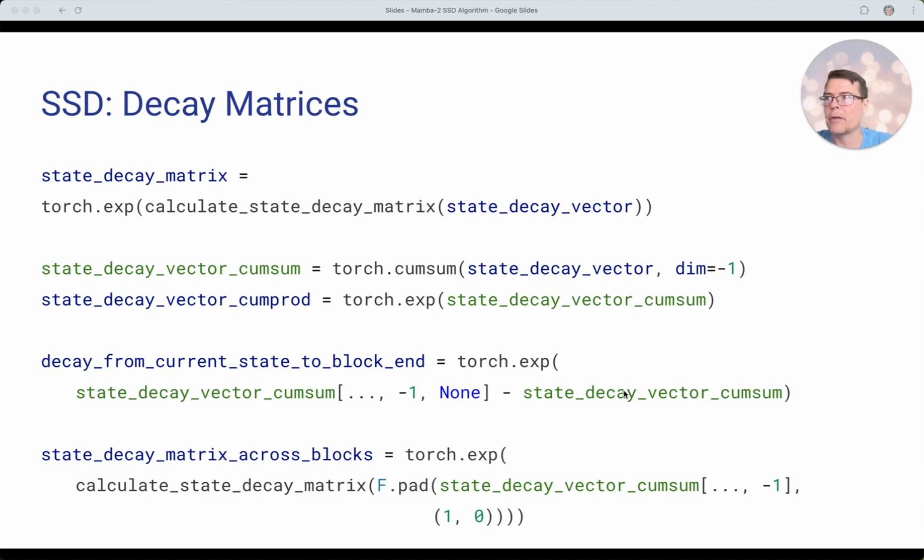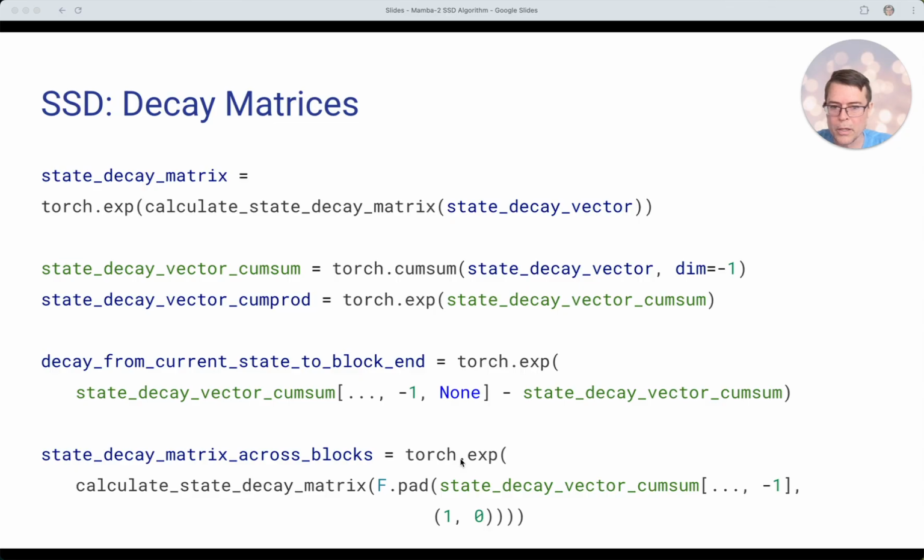What we're getting out of this is the sum of the decays from the k plus 1th step up to the nth step, basically within the block, all of the decays up to the end of the block. We use that when we're calculating per block state. You want to see at the end how much this contributed, so you need the decay factors from the time you calculated it out to the end of the block. That's effectively what's happening here.